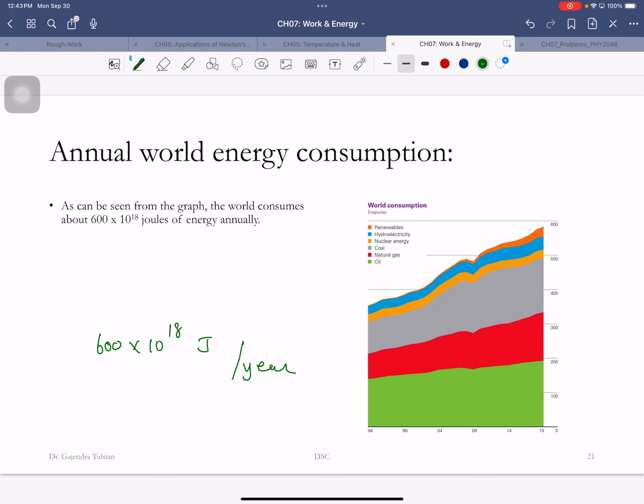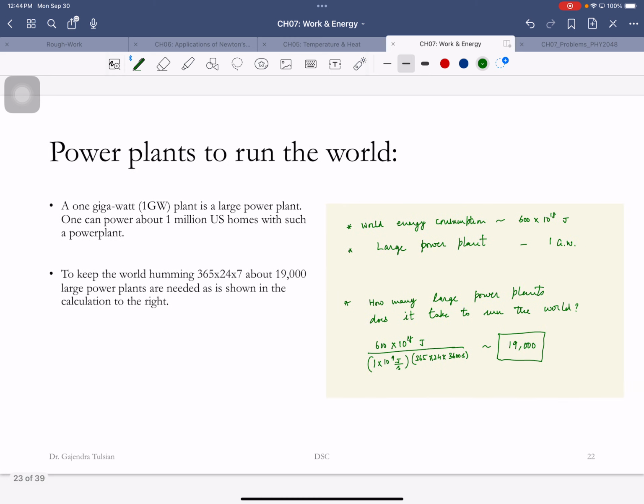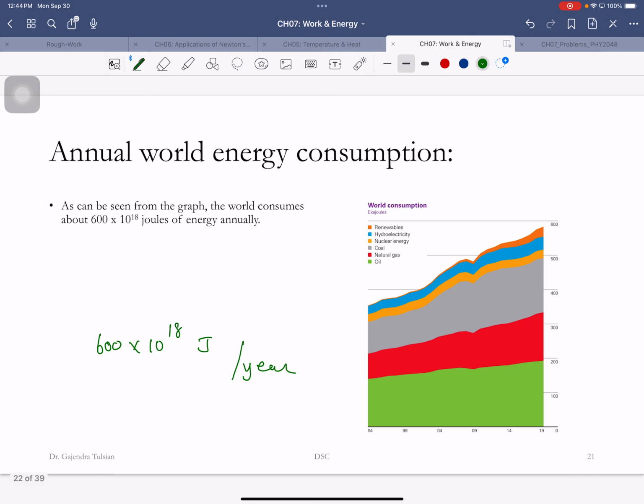That's how much energy you need to run the world in 1 year. And we'll see where the energy comes from. So this is how much energy you need in a year.